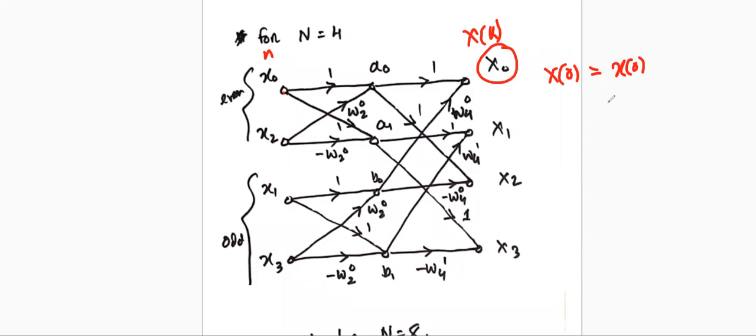We need plus x3 multiplied with W2 to the power 0, and again that is multiplied by W4 to the power 0.